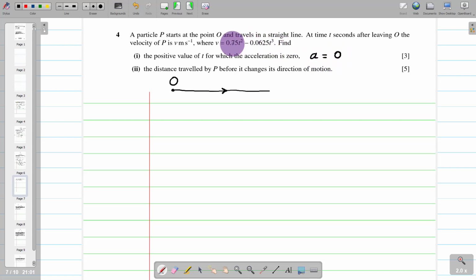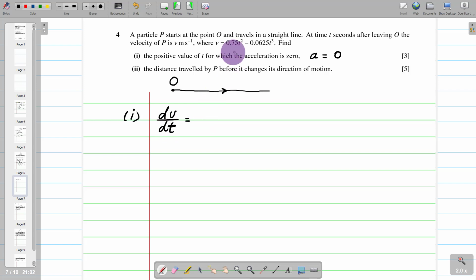When we are given velocity as a function of time expression, all we need to do to get acceleration is to differentiate that expression, that is get dv/dt, and then we equate it to 0.